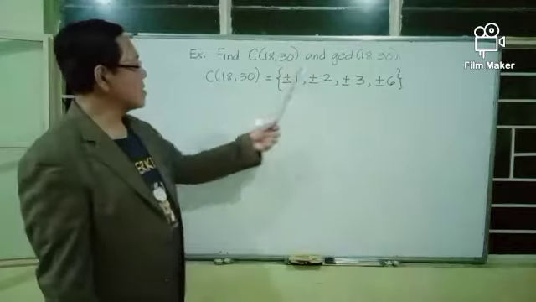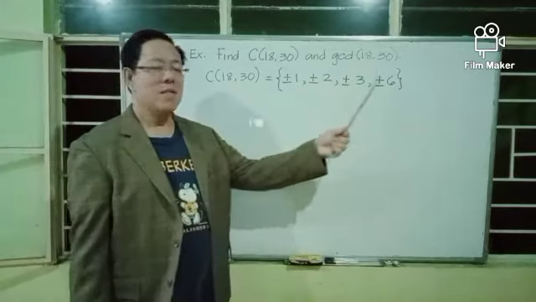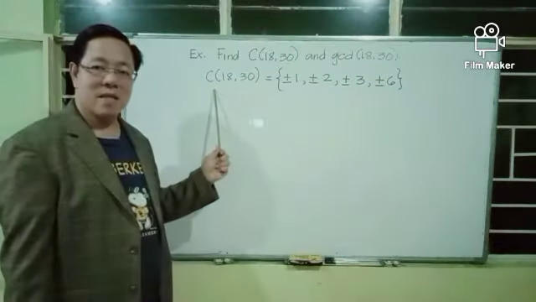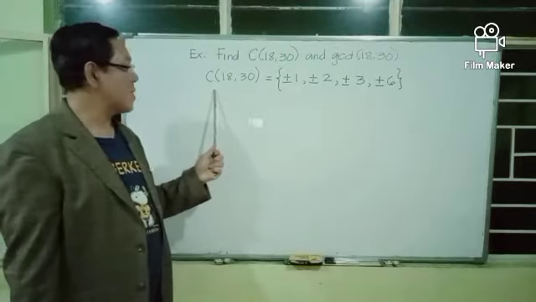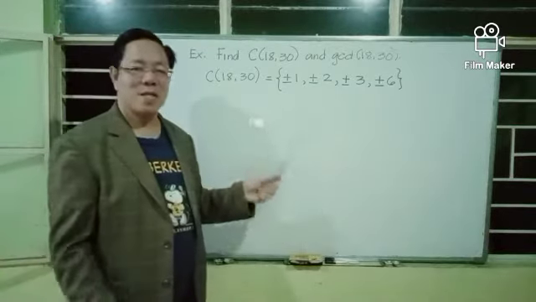Now, the greatest common divisor of 18 and 30 is the maximum element of the set C of 18 and 30.